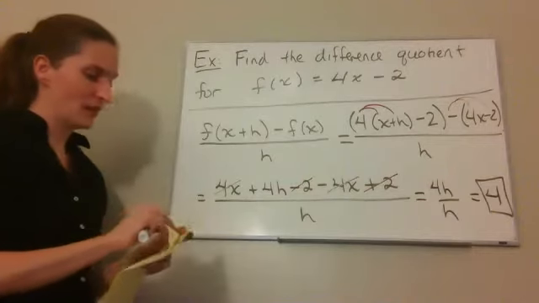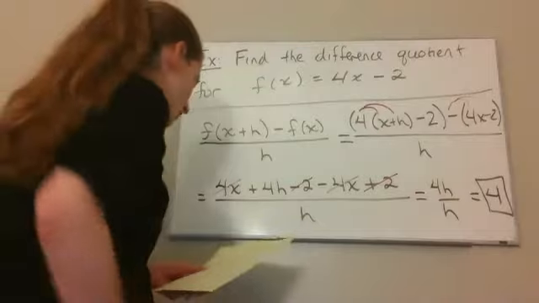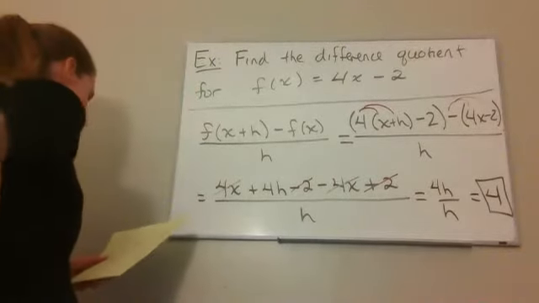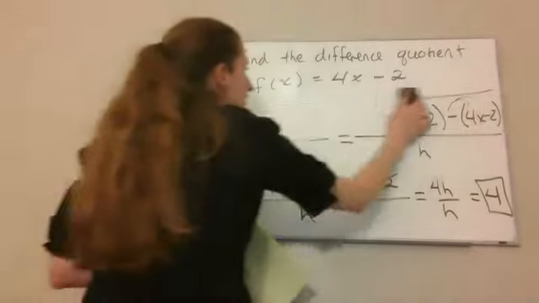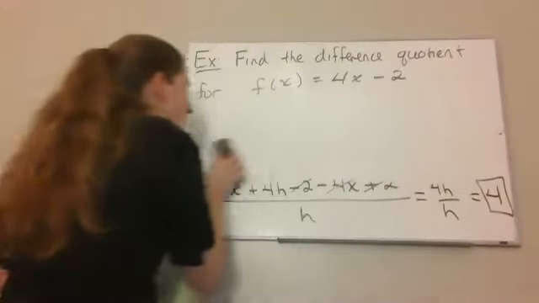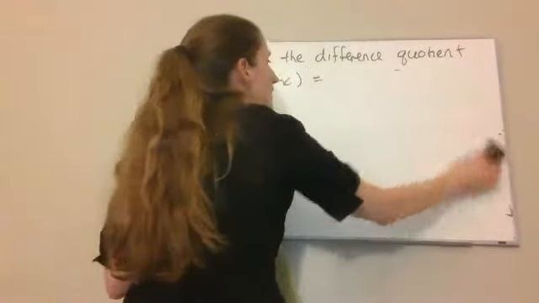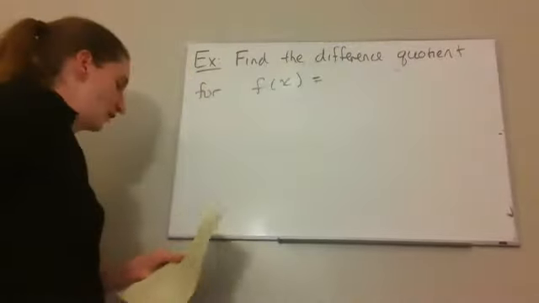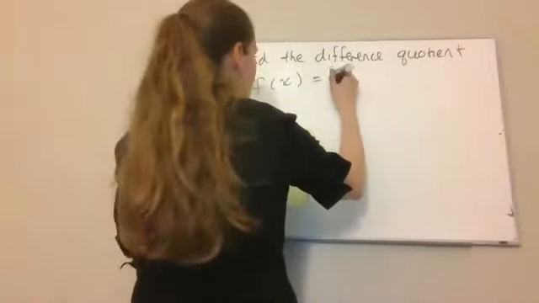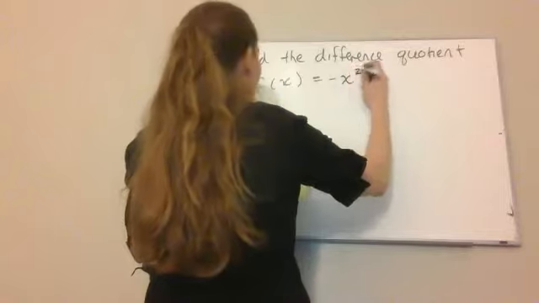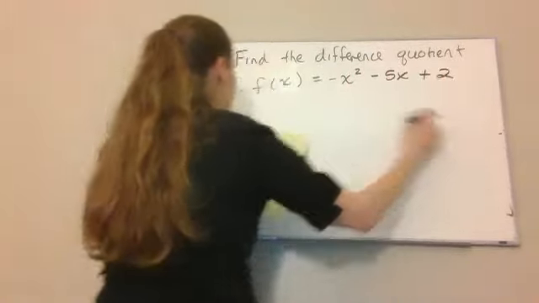Let's do another example where we find a difference quotient of a slightly more difficult function. So we're going to find the difference quotient for f of x equals negative x squared minus 5x plus 2.